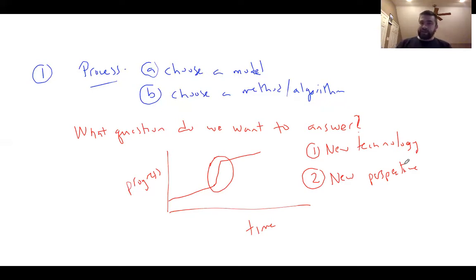An early example that we're going to see in this class is the development of computational protein design as an emergent field out of the general field of structural biology and protein folding and so on.